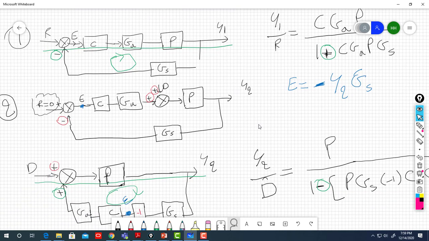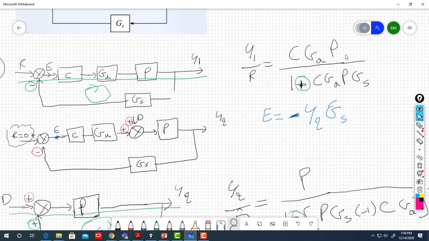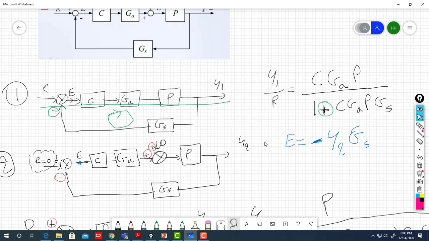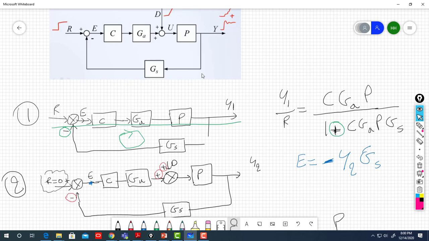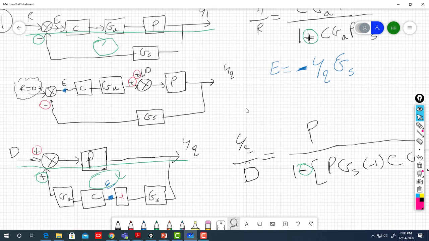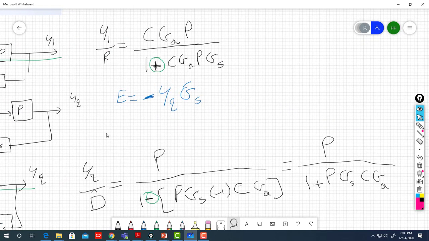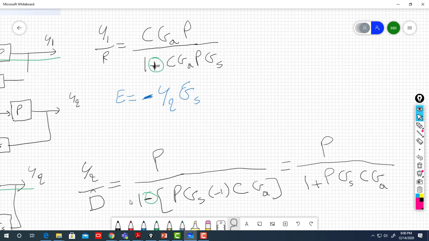Alright, so that's the function that we find for Y1 over R. It's CGp over 1 plus CGpGs. So basically CGp is the forward loop over 1 plus the open loop transfer function CGpGs. And what about Y over D?